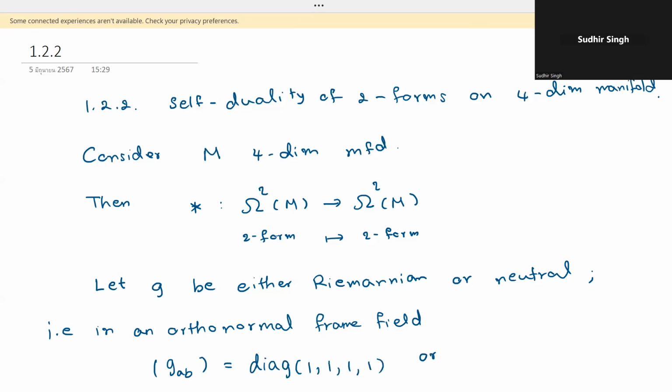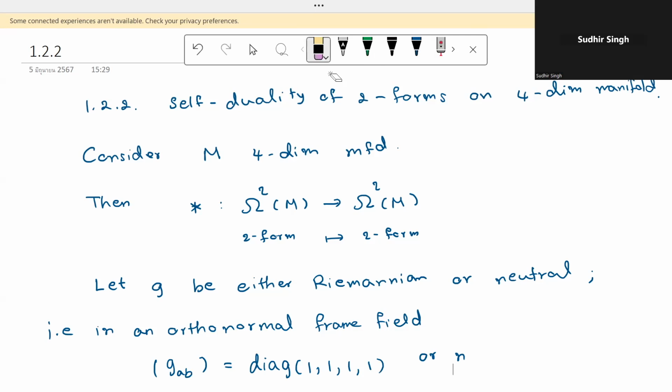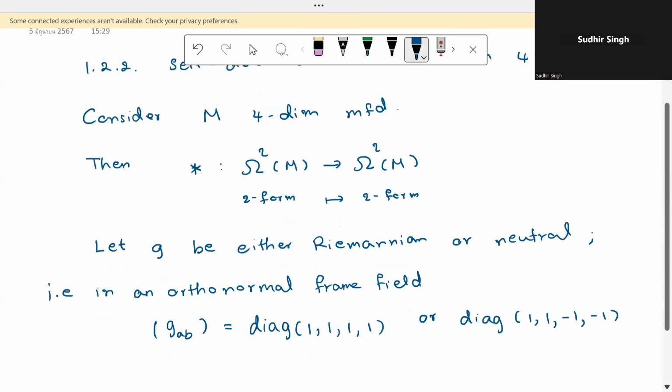This is for Riemannian signature. But if it's neutral, you have say -1, -1, 1, 1. Okay.